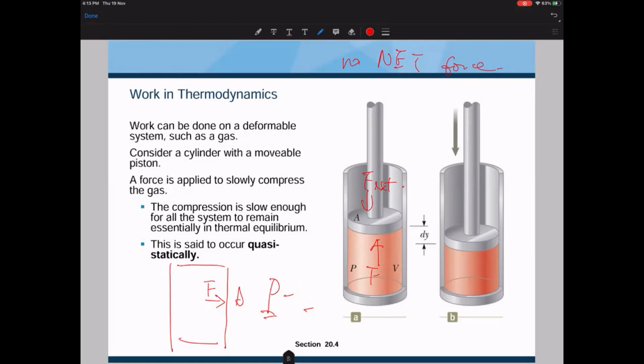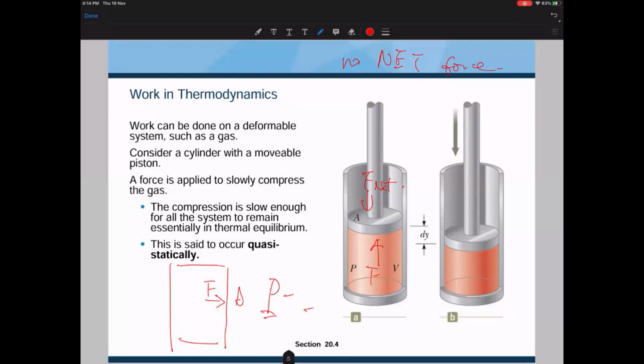So in this case, the system would not be moving. And in order to have the gas being compressed, you are required to have a difference in the force.